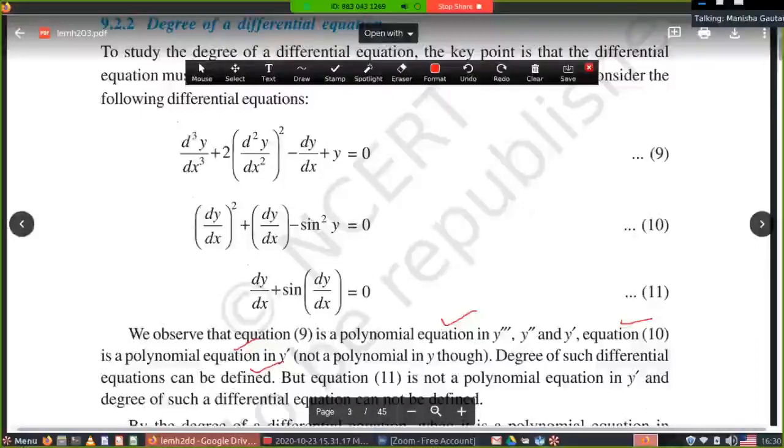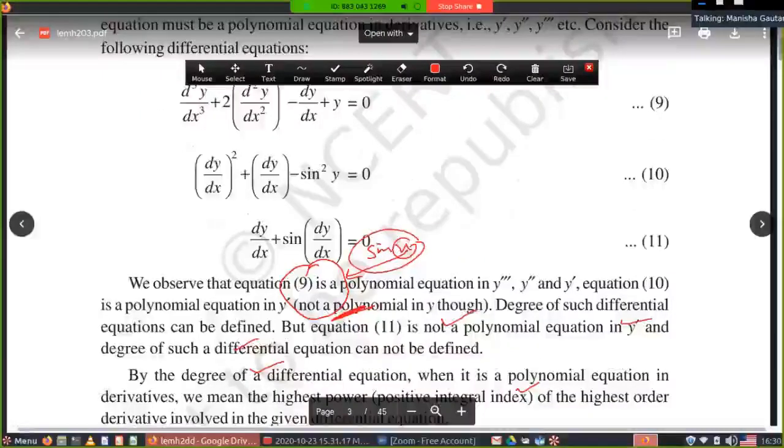But equation 11 is not a polynomial because the derivative of the function is given in the angle form. Because here it should be sin x, but x is not there. The derivative of the function is there. It means this is not a polynomial equation. So degree of such type of equation is not defined. Cannot be defined. Here it is written, cannot be defined.